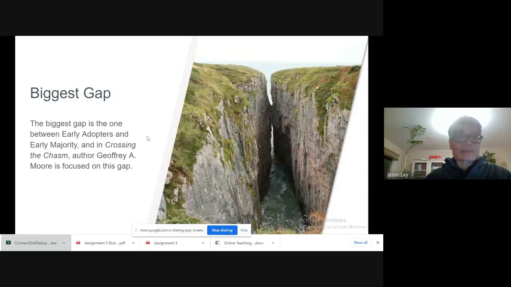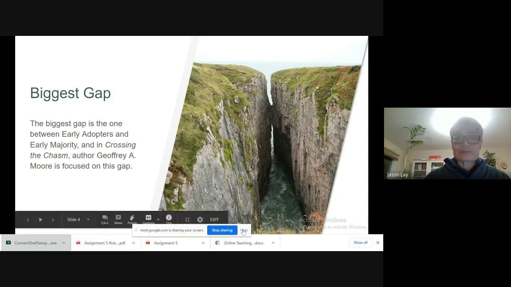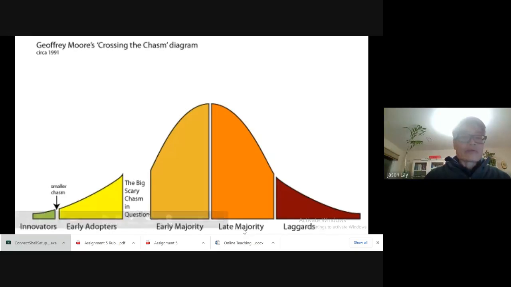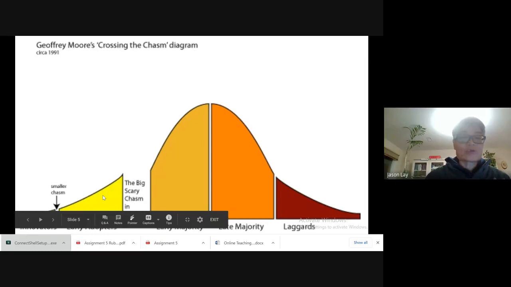The biggest gap is the one between early adopters and early majority. And this is in Crossing the Chasm by Geoffrey Moore, who focused on this gap. If you take a look, the big scary chasm is between the early adopters and the early majority.